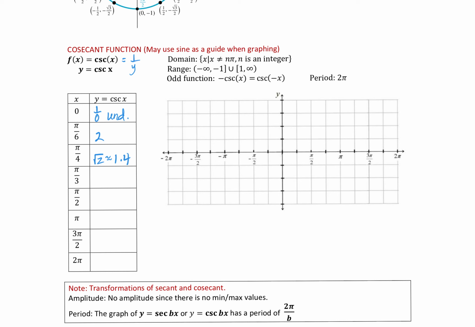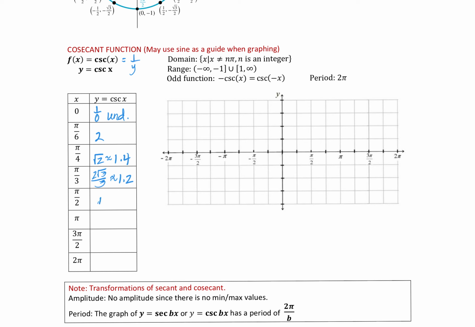And then at pi over 3, sine is square root 3 over 2, so reciprocal is 2 over the square root of 3 after rationalizing. Again, you could look at that table as well. It's going to be 2 times the square root of 3 over 3. And that's approximately 1.2.